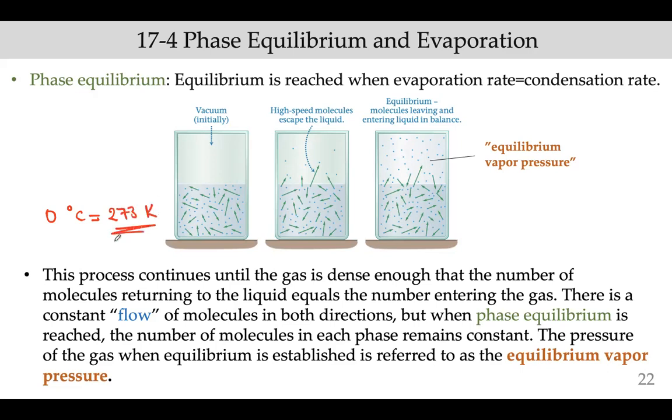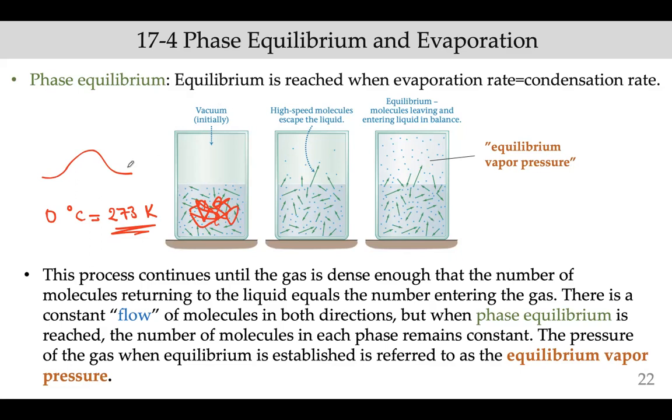When there's temperature in Kelvin, that means there's kinetic energy. So all these water molecules are moving in all directions. Of course, there's a distribution in the speed. There's not just one speed. All particles have their own speed. It's a distribution, but the point here is they are moving.